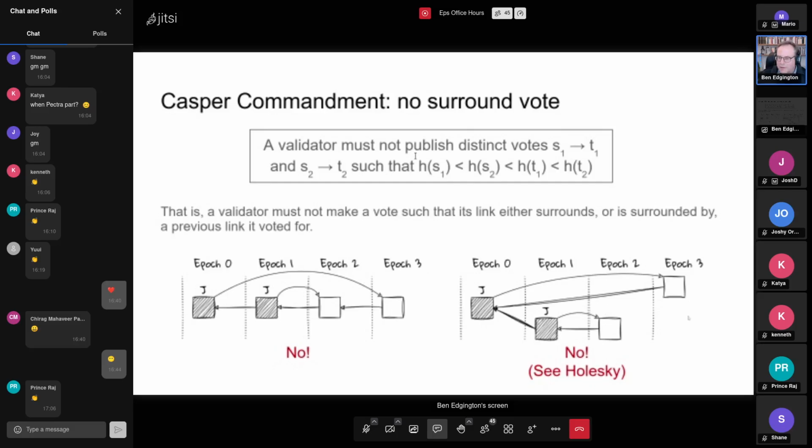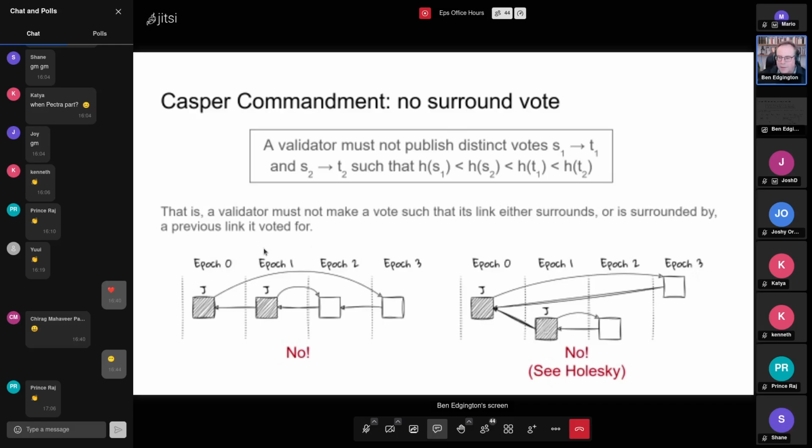The diagram on the right is interesting because this is actually what happened on Holesky after the upgrade. Briefly, the bottom fork was the majority fork, which was faulty. They had the wrong deposit contract address or unconfigured deposit contract address, but enough of them forked off with that they were able to justify a checkpoint on the faulty chain.